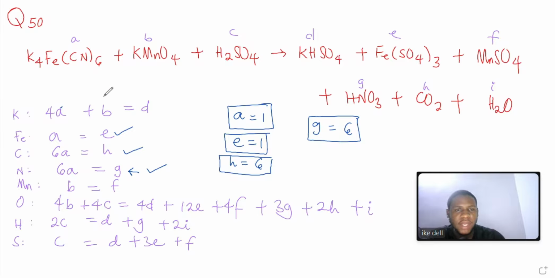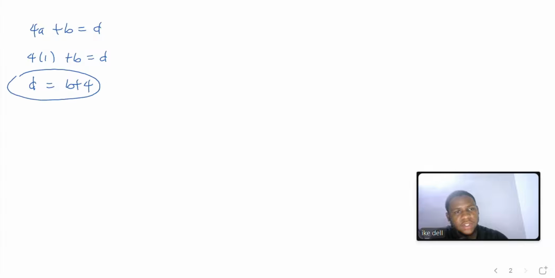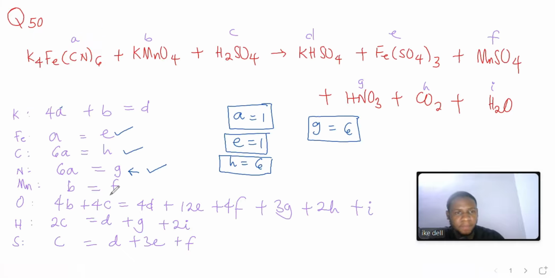So basically we can say, let me just write that on another page, 4A plus B is equal to D. If A is equal to 1, then this holds. Therefore, D should be B plus 4. B is equal to F. Okay, good to know that.